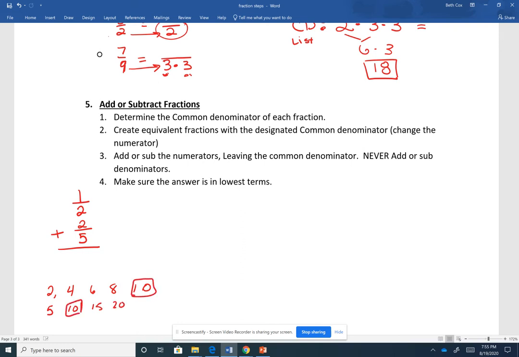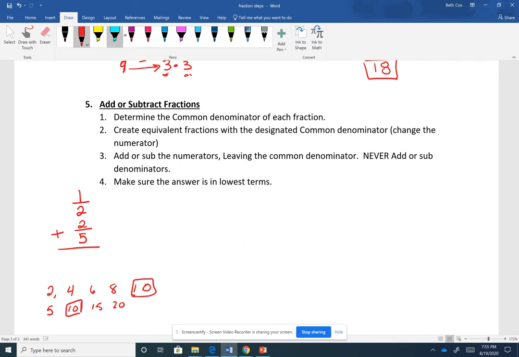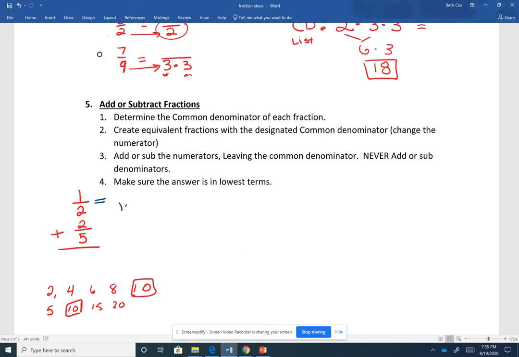10 is the common denominator. So what I'm going to do is change this fraction to one that's equal to it, but it has a denominator of 10. And that goes back to our multiplying by 1.